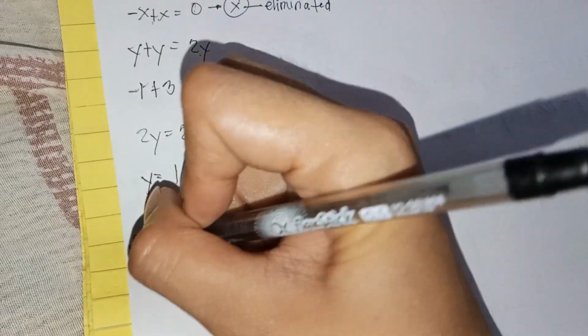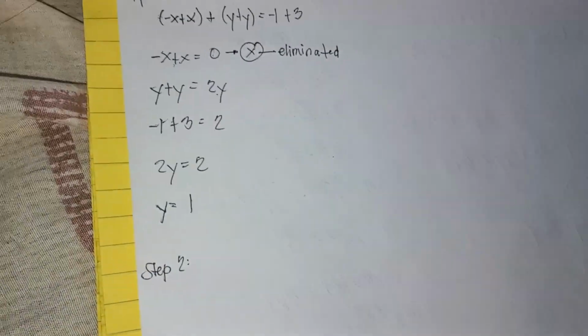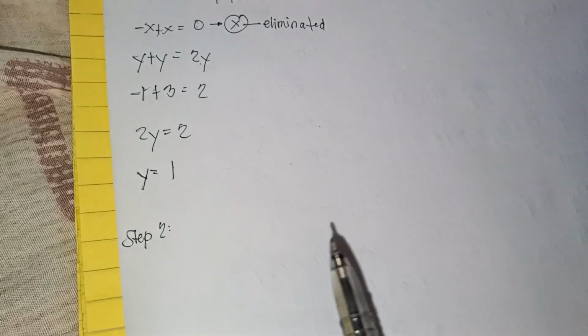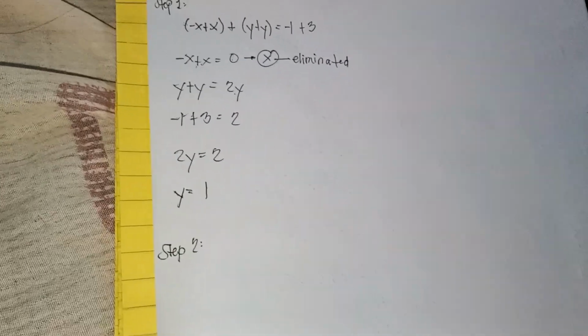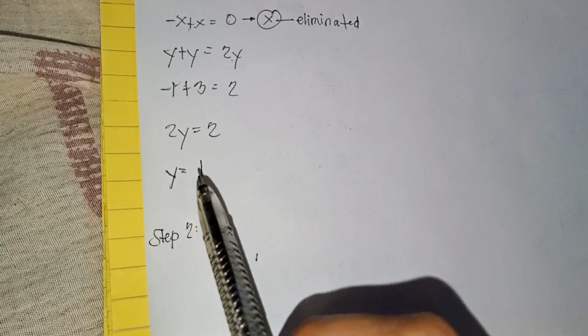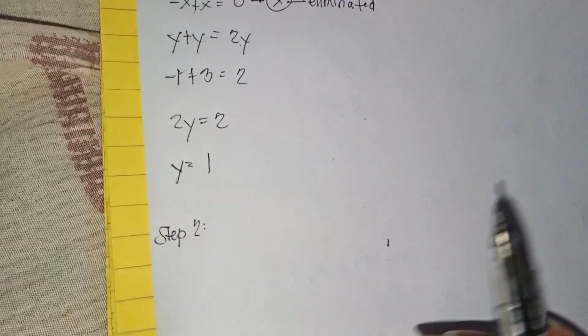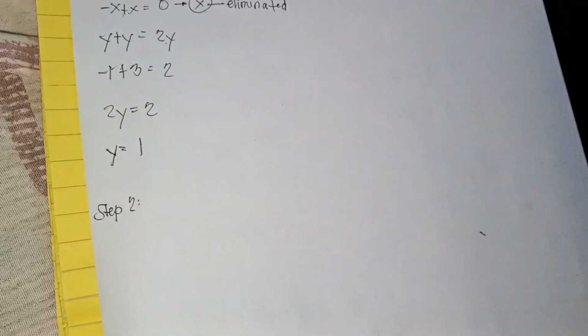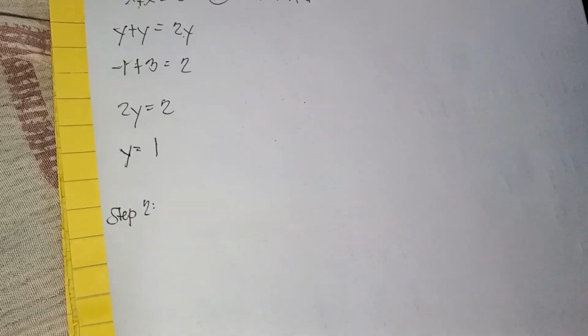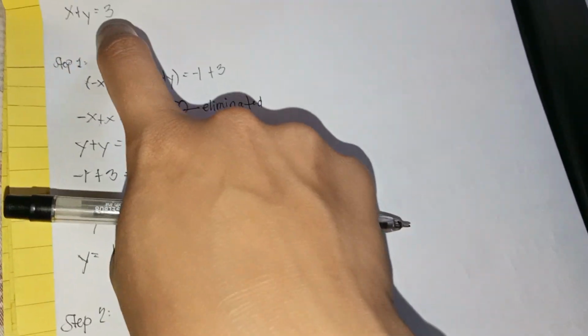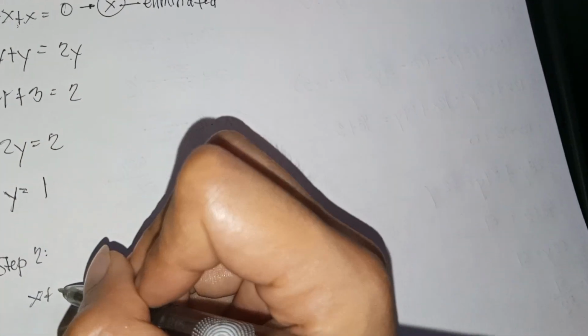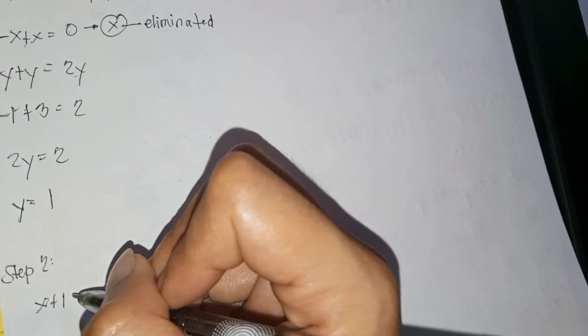And for our step 2, we're going to substitute y equals 1 to find x. Now that we know y equals 1, we substitute this value back into either original equation. So let's use the second one, x plus y equals 3. So x plus 1 equals 3.